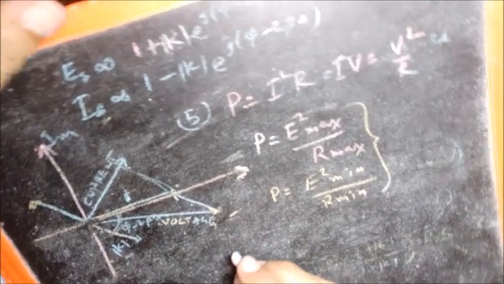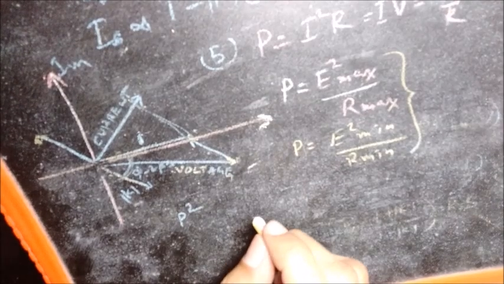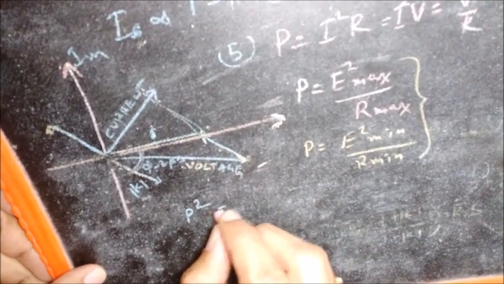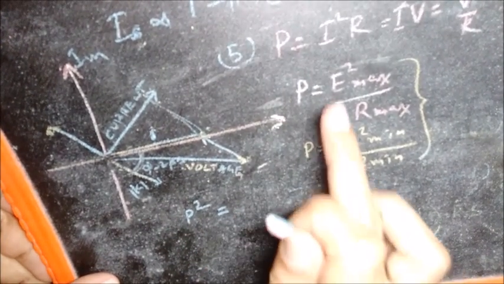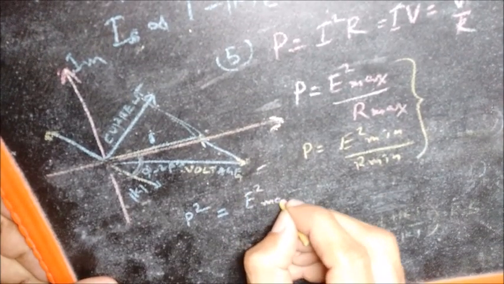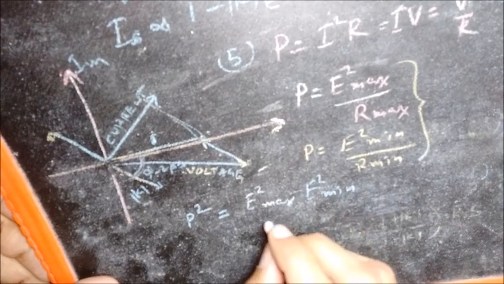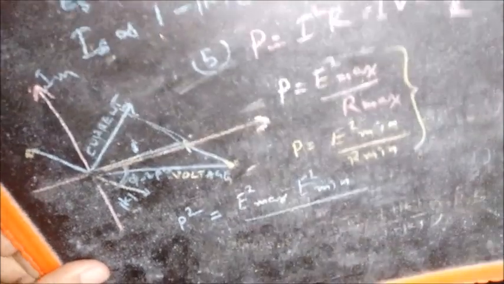That being the case, if I multiply these two, P square will be equal to E square max into E square min divided by R max into R min.